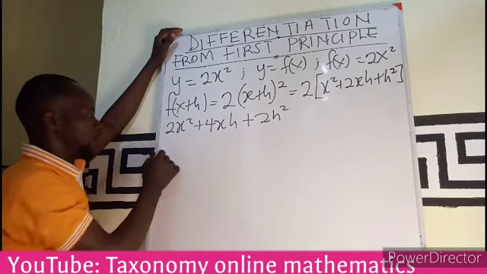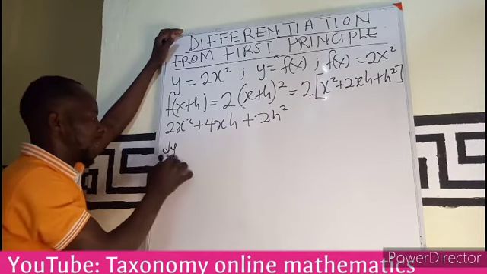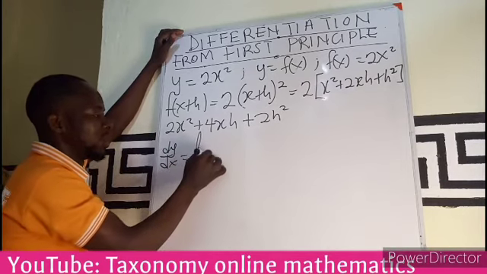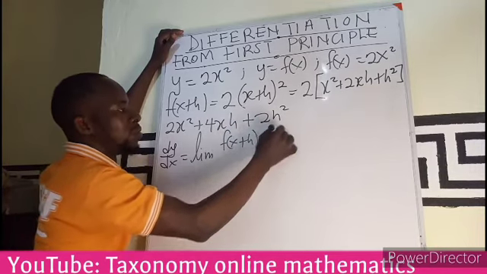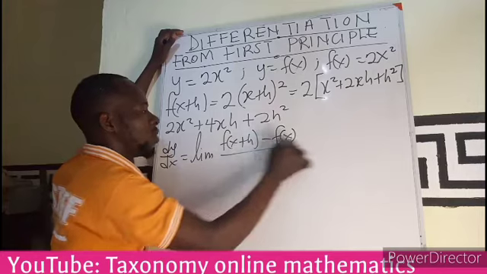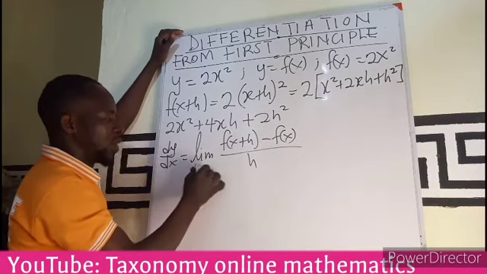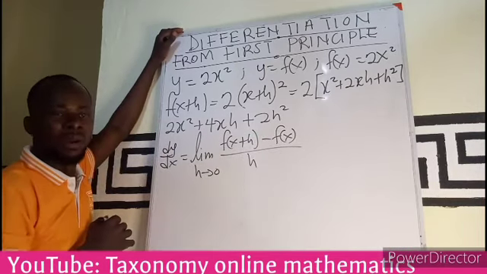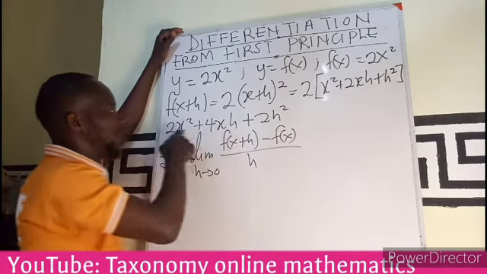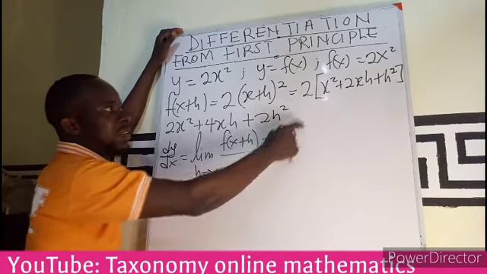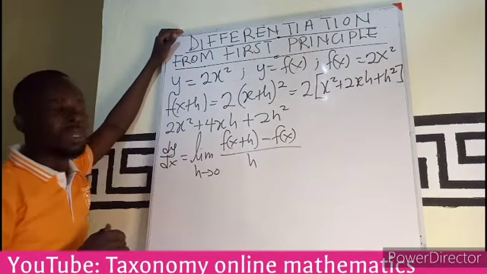So now your dy/dx is just going to be the limit of this function minus this function all over h, where h approaches what? 0. So what will I do? Wherever I see this, I slot in this value. Wherever I see this, I go back to the original function.